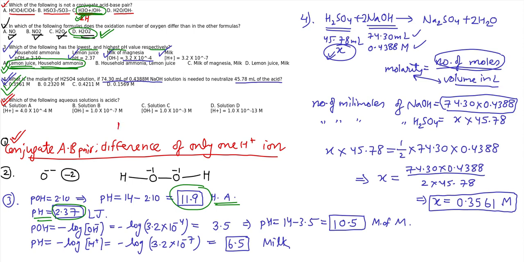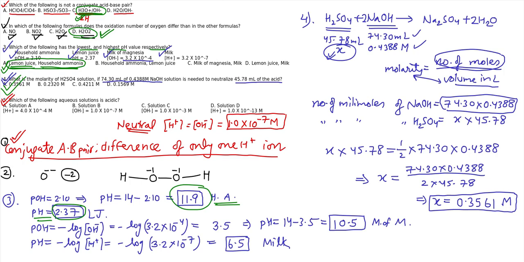If you know, for a neutral solution, the concentration of H plus and OH minus is equal, actually this is 1.0 into 10 raised to the power minus 7 molar. So this is the concentration of H plus and OH minus in a neutral solution, and if H plus is less than this, then the solution will be basic, and if the H plus ion concentration is more than this, then the solution will be acidic.